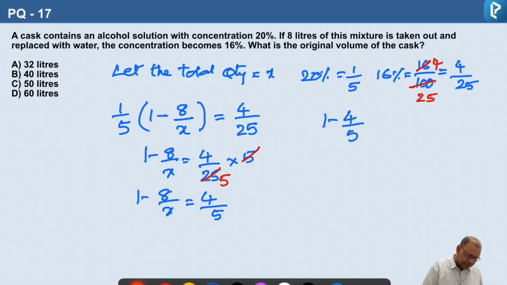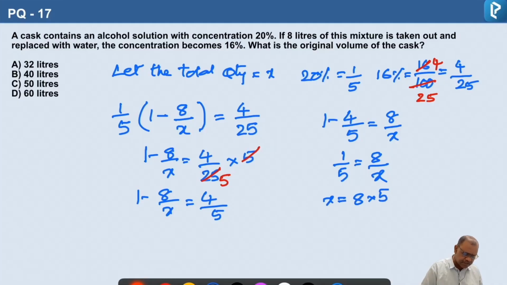By transposition, 1 minus 4 by 5 is 8 by X, which simplifies to 1 by 5 is equal to 8 by X. On cross multiplication, X is equal to 8 into 5, which is 40 liters. So the initial quantity of the solution, the original volume of the cask, is 40 liters. Option B is the right answer.